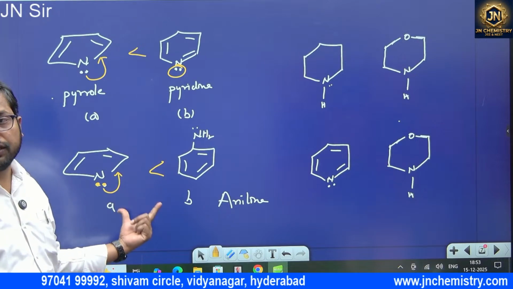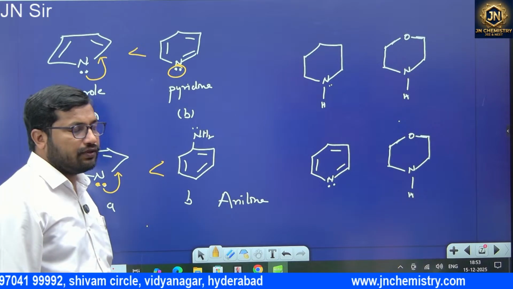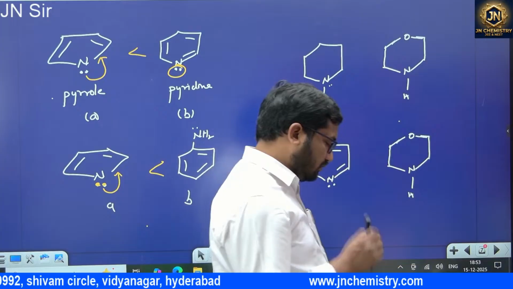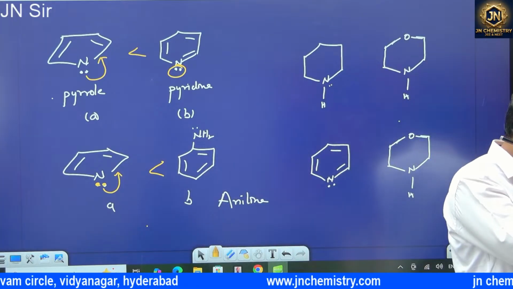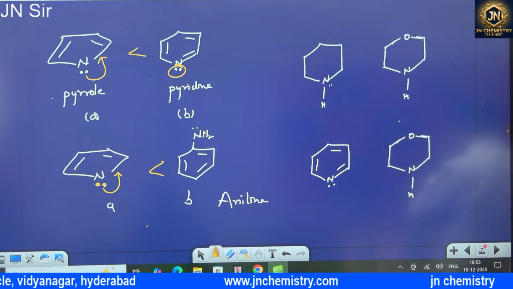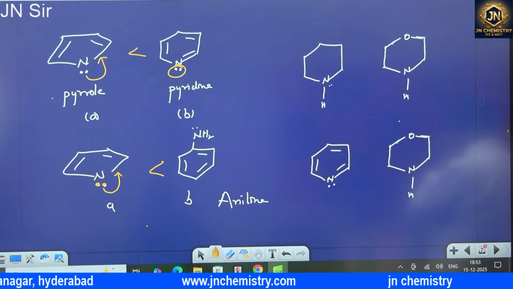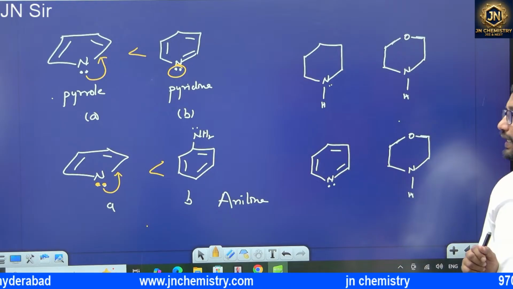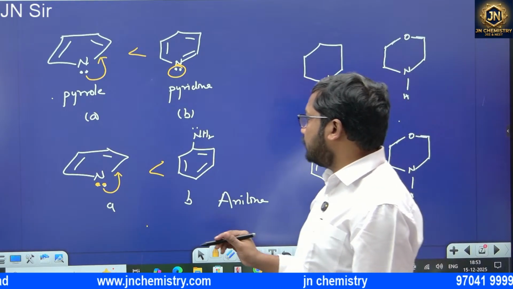So it's a very important question. Just note it down. Come on, fast. Aniline is more basic than pyrrole. Write it down.